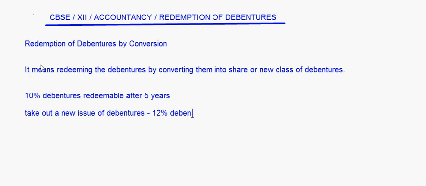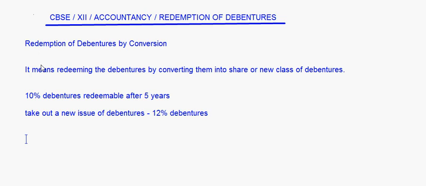Now some of the debenture holders who are holding these 10% debentures may feel that the 12% debentures are more beneficial to them, and conversion into these 12% debentures is a profitable thing for them, right? So they can convert into this.